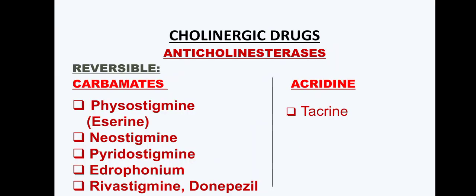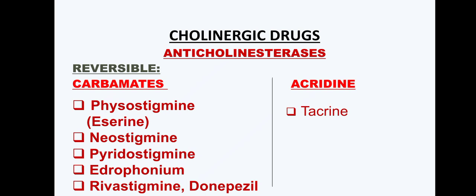Next category of cholinergic drug is anticholinesterases. Anticholinesterases are again subdivided into reversible anticholinesterases and irreversible anticholinesterases. The reversible consists of carbamate and acridine. Carbamate contains physostigmine, also known as eserine, neostigmine, pyridostigmine, edrophonium, rivastigmine and donepezil.